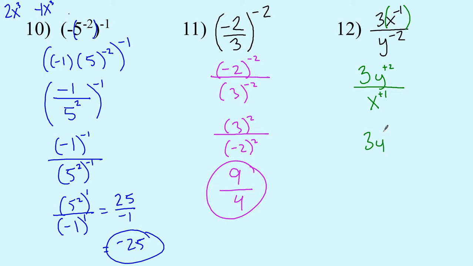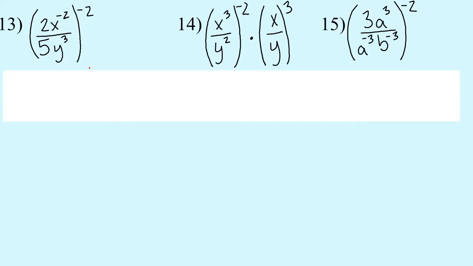So our answer is just 3y squared over x. Make sure you realize what's being raised to what exponent. That's really what this whole lesson is about, understanding what the exponents are doing. Practice these. Give it a whirl.